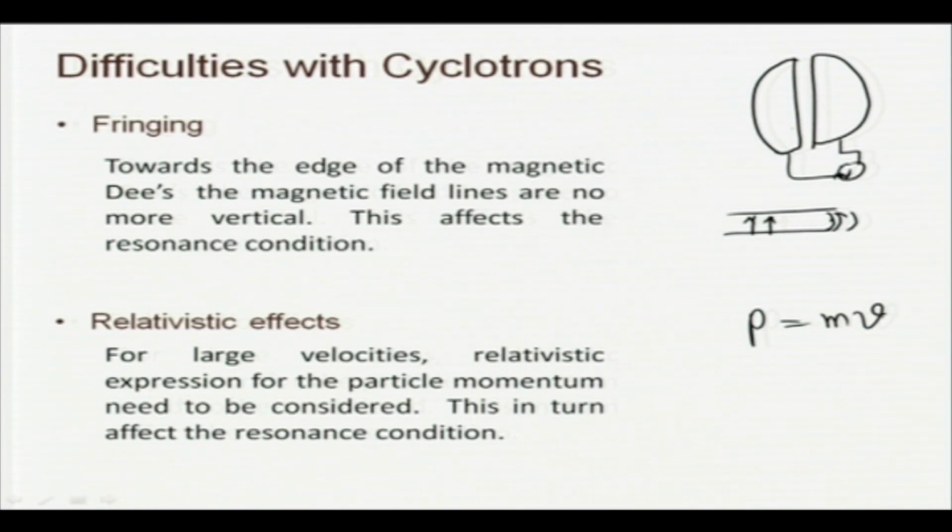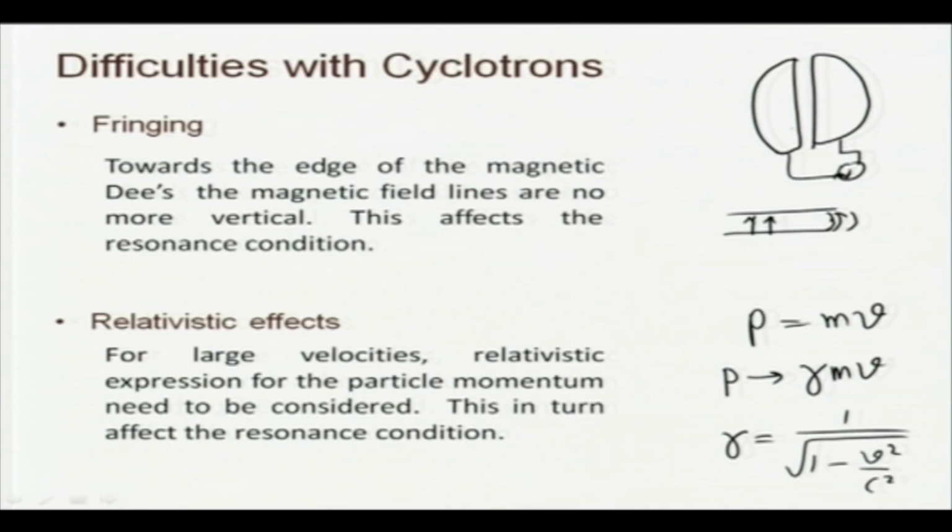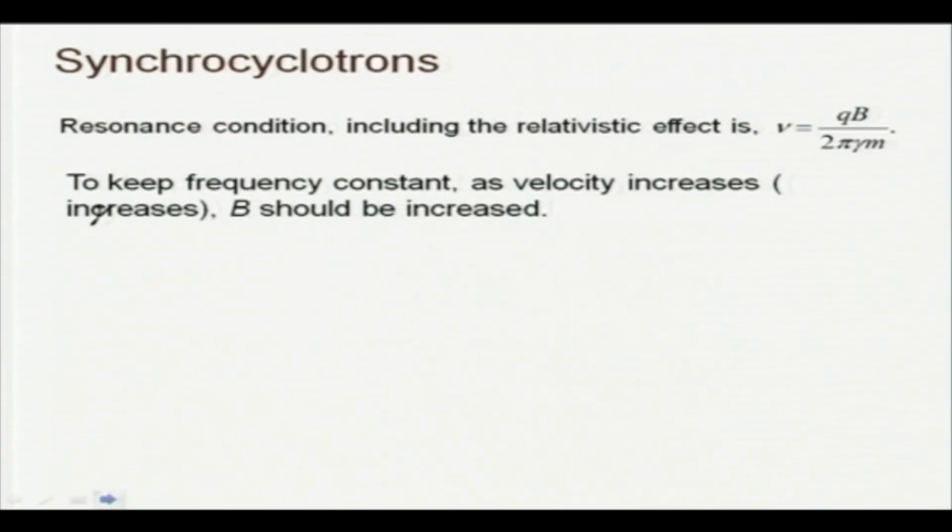But in the case of relativistic particles, the momentum p will go to gamma m v, where gamma is 1 over the square root of 1 minus the speed of the particle squared divided by the speed of light squared. This effect will also disturb the resonance condition. So, these are at least two major effects in this kind of setup.